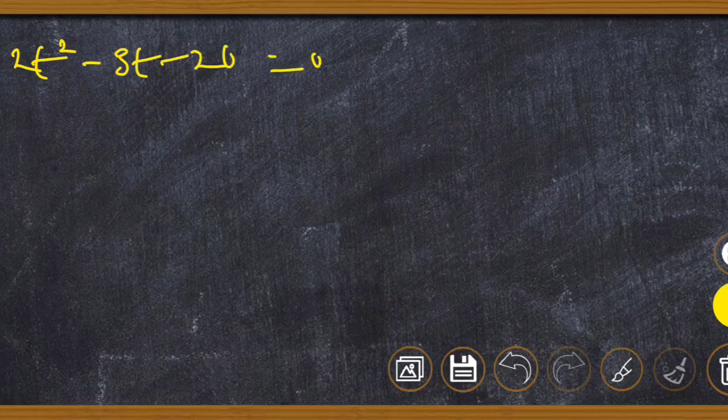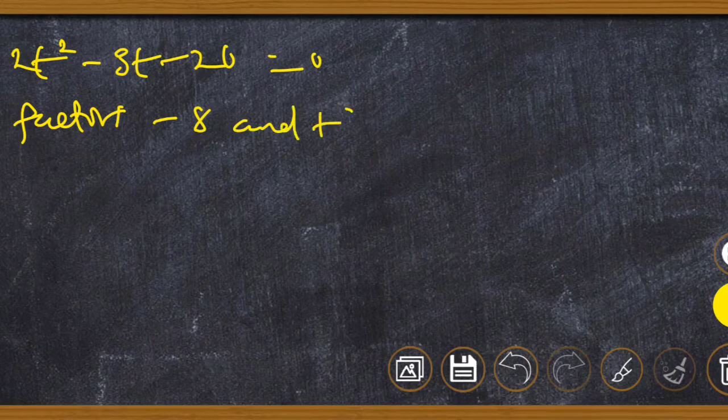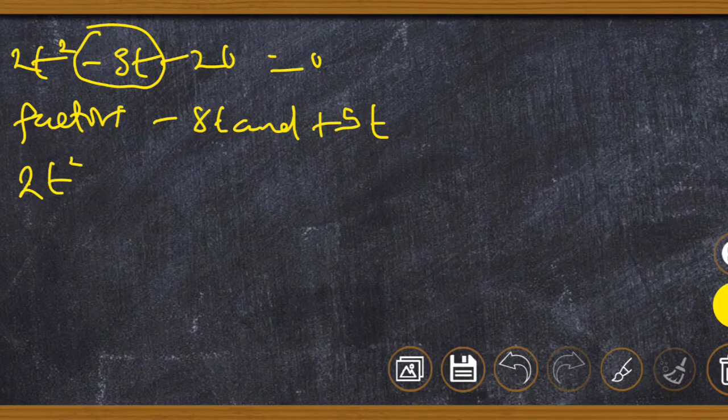What will be the factor of this equation? I think the factor should be, 2 times 20 is 40, I think 8 times 5 will give me that. So the factors of the equation will be minus 8 and plus 5, that is minus 8t and plus 5t. So we can replace this minus 3t with our factors. I'll be having 2t squared minus 8t plus 5t minus 20 equals 0.